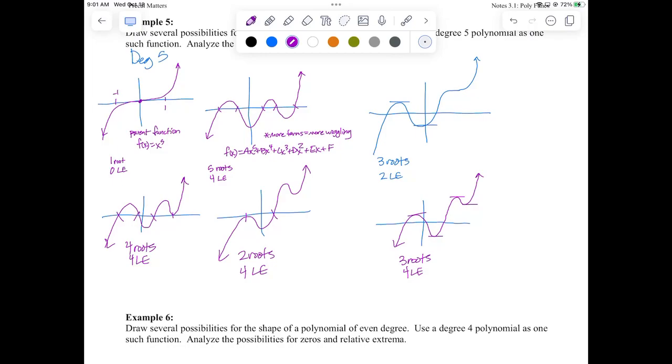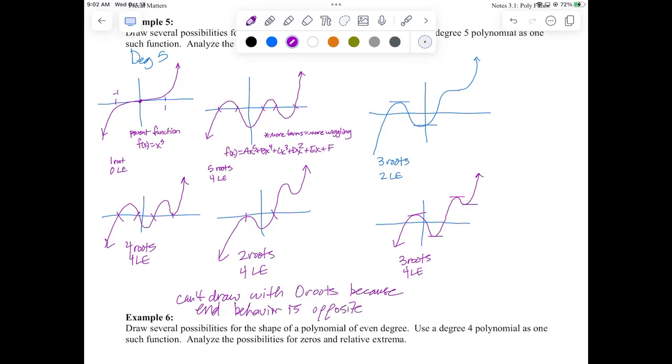Why, Wyatt? What do we know? I think you're on it. What do we know about the end behavior? Same or opposite? Opposite, okay. So we can't draw it with 0 roots because the end behavior is opposite.